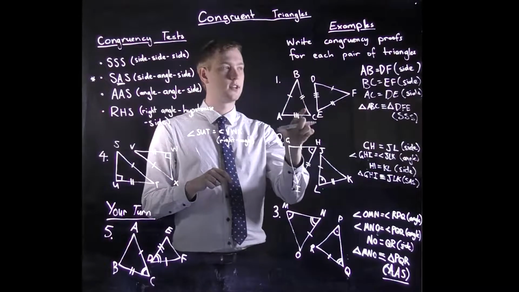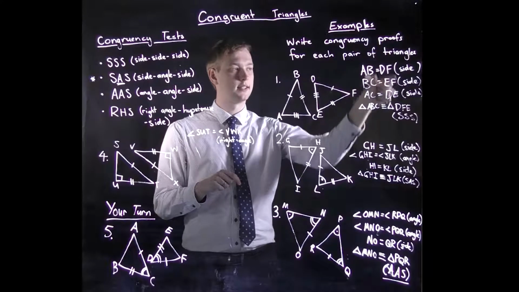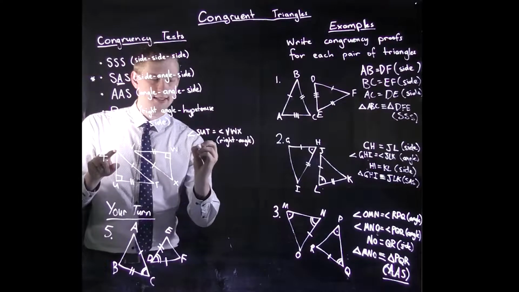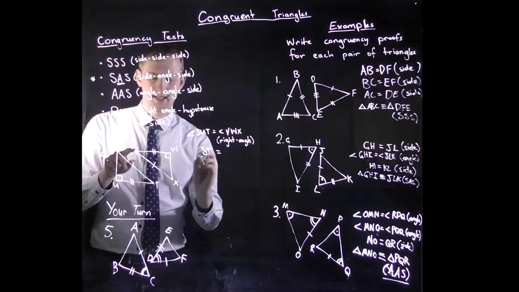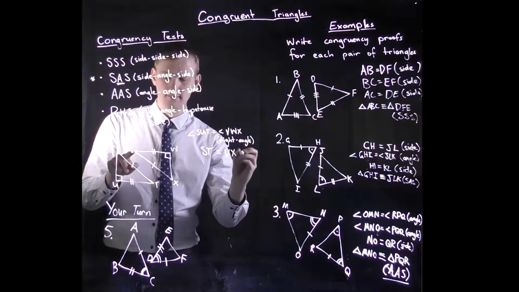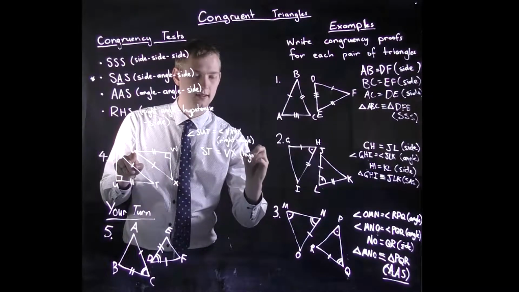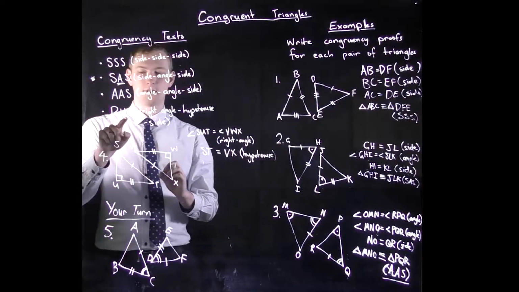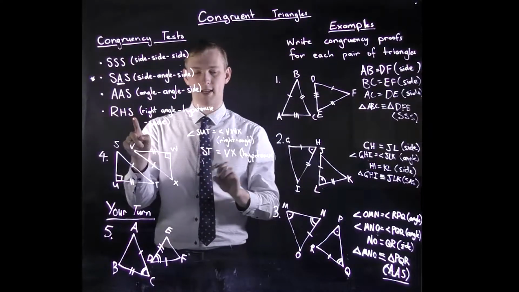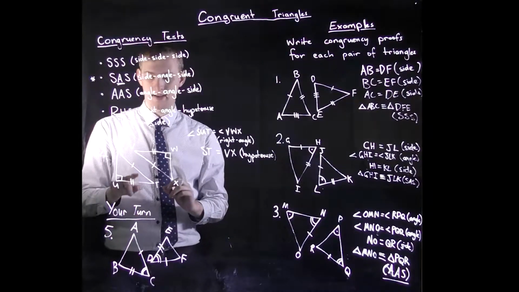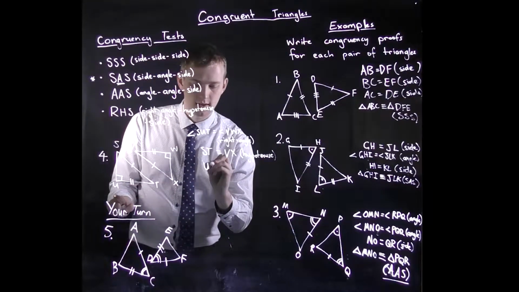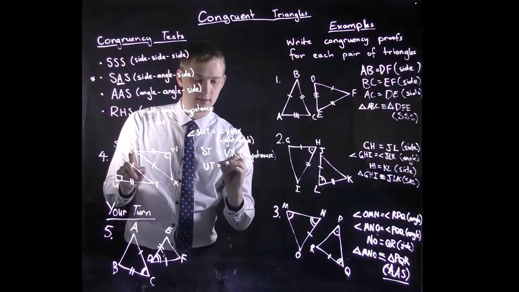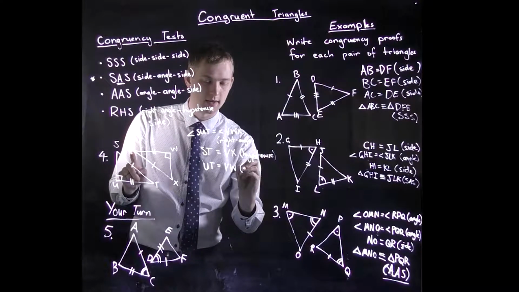You notice that with this triangle, it's always in this column, and this triangle is in this column. I made a mistake here, we should have this triangle in this column. So we're going to have ST is equal to VX. And we can write hypotenuse. Because we're using this proof, we need to match right angle, hypotenuse, and side. We've got right angle, hypotenuse, and we need the last side, which is this one, UT, which equals VW. And we can write side.